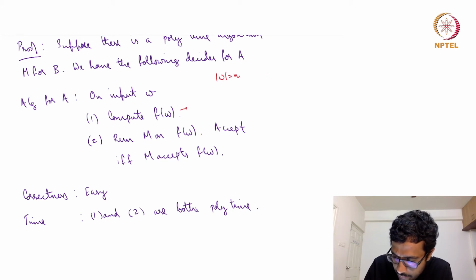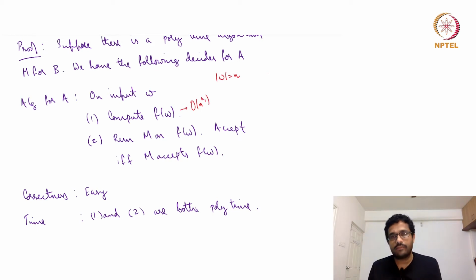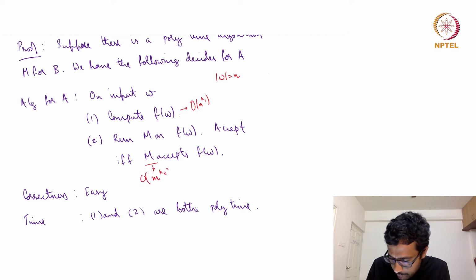So let me say it is an n to the power k1 time algorithm, and the decider, let's say M, runs in m to the power k2 time, where m is the input length. I am just using a different input length, small m, to differentiate between this n and this m.